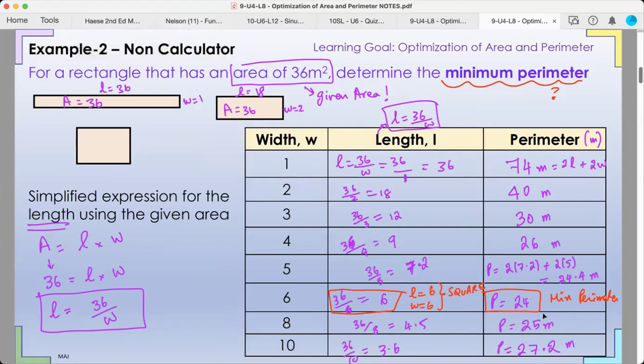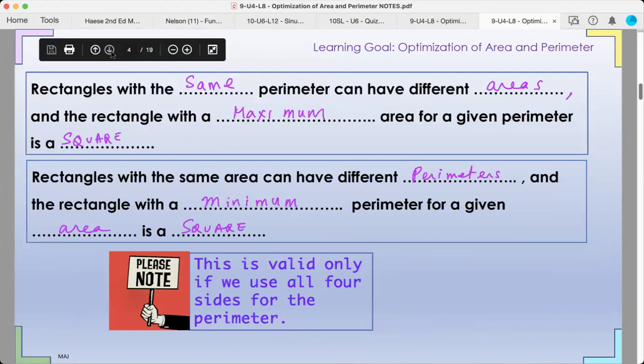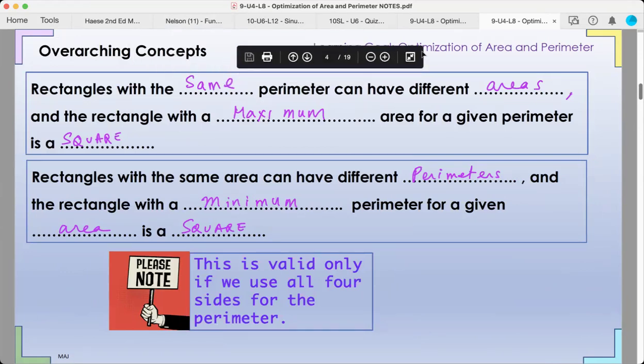Right. Okay, so that was the second example. You can pause the video and watch, and you can try this out later, but I just want to keep going, because ultimately I want to do the graphing calculator skill. So the overarching idea was that rectangles with the same perimeter can have different areas, and the rectangle with maximum area for a given perimeter is a square.